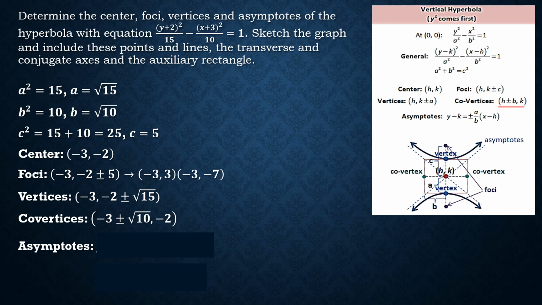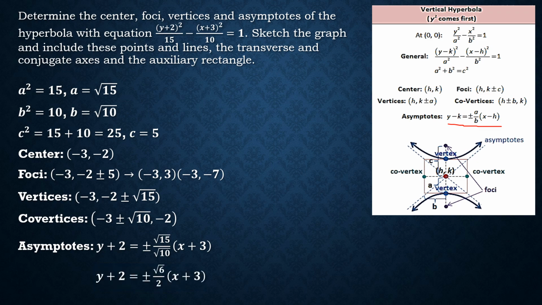For the asymptotes, let's substitute all the values to the formula. So, we have y plus 2 equals positive negative square root of 15 over square root of 10 times the quantity x plus 3. Let's simplify that square root of 15 over square root of 10.